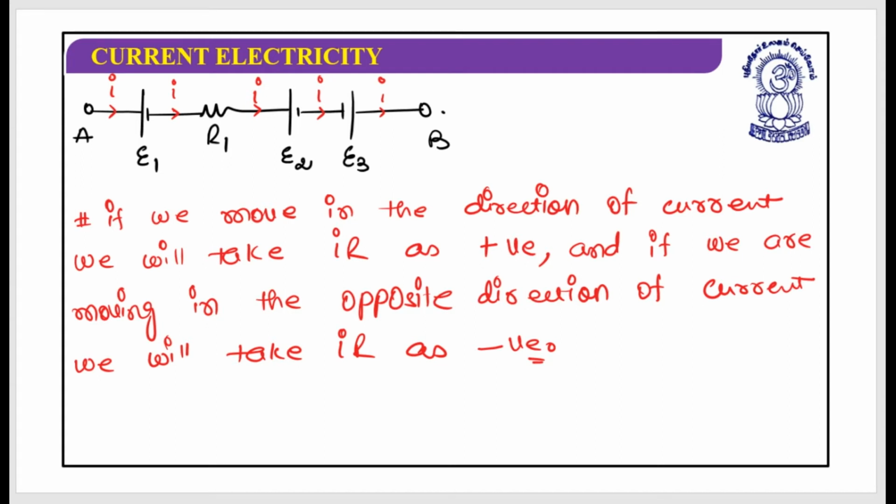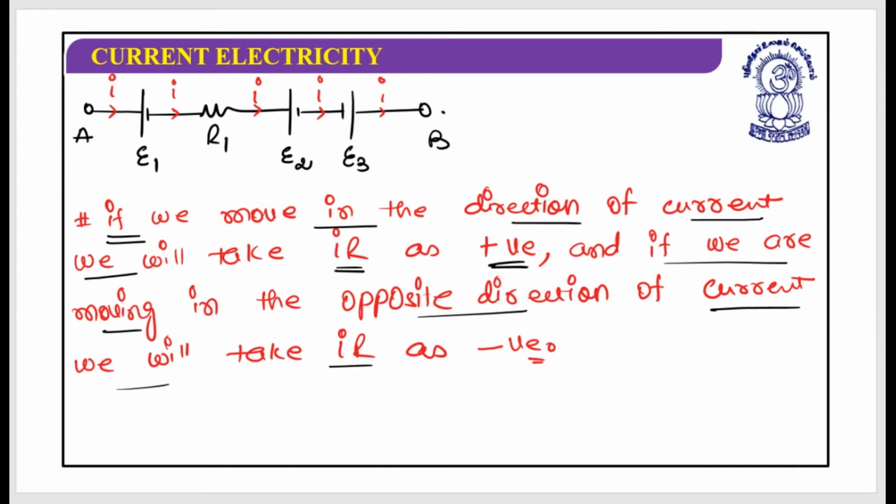Is it clear? So read it again and again. If we move in the direction of current, we take IR as positive, and if we move in the opposite direction of the current, we take IR as negative. I hope those things are clear.